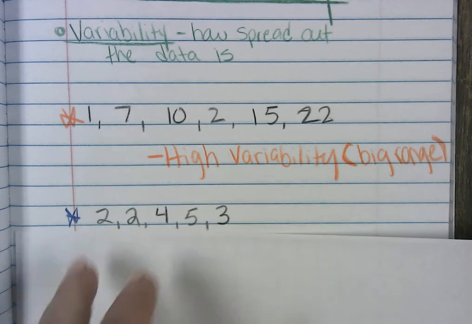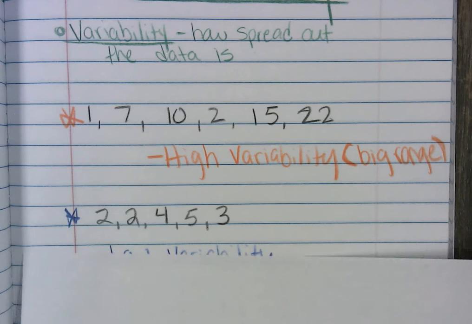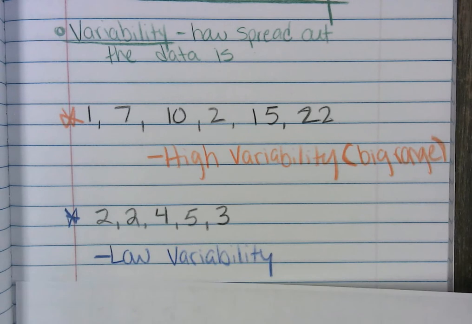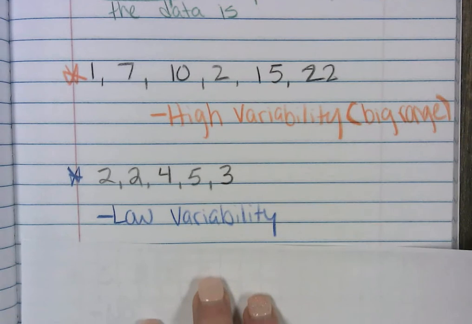So would you say that's spread out? I would say not very much. So I would say that has a very low variability. Yes, there's a little bit of a difference, a little bit of a range, but not very much. So we would consider that variability low. It does not have a very big range. It's not spread out very much, only from 2 to 5.